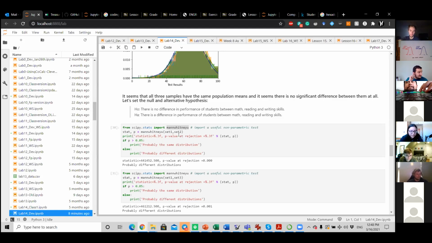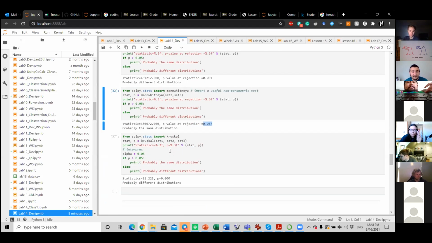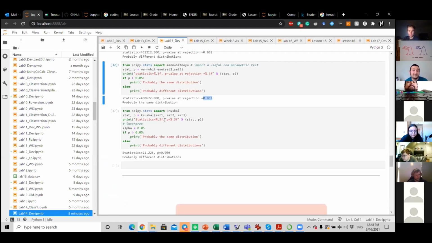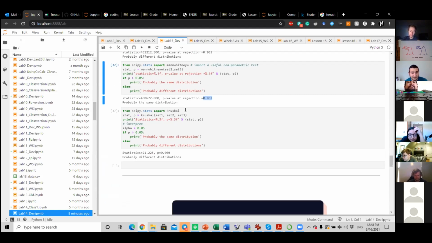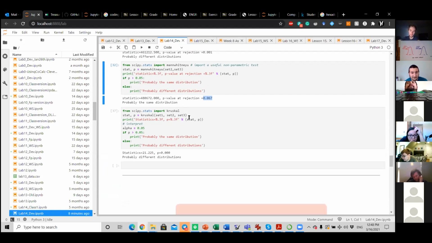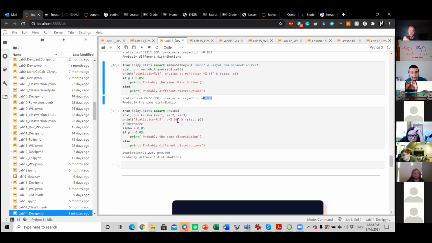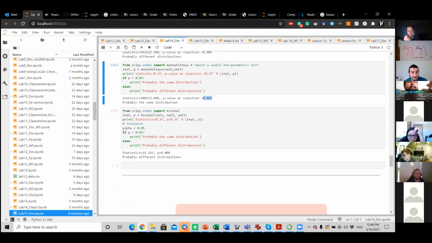Student test is a parametric test, but in the realm of non-parametric tests, we also have an option that allows us to compare multiple groups. And here I have an example of that. That is the Kruskal-Wallis test. This beautiful test is going to allow us to compare set 1, set 2, and set 3 at the same time, with a significance level of 0.05.